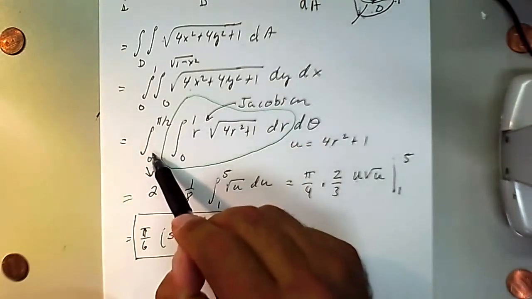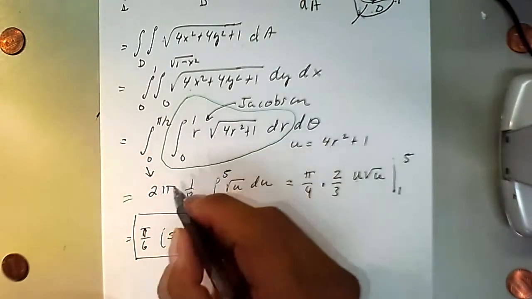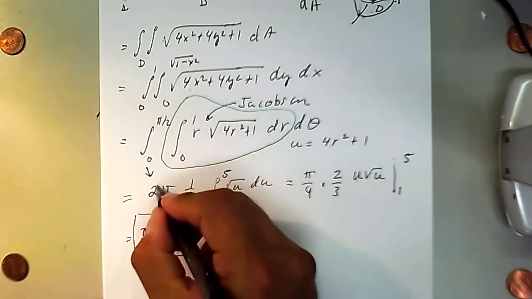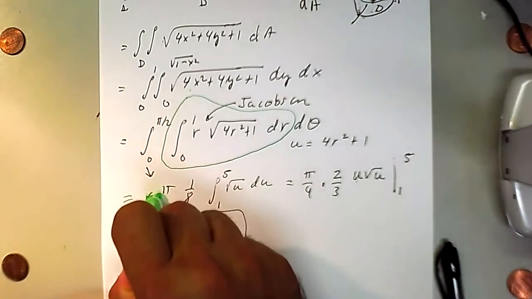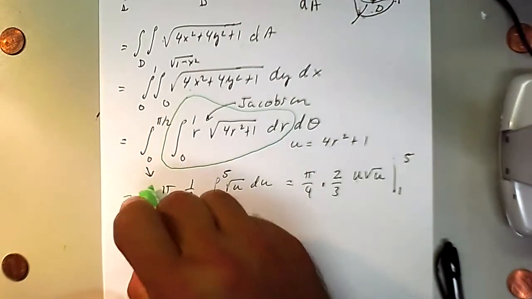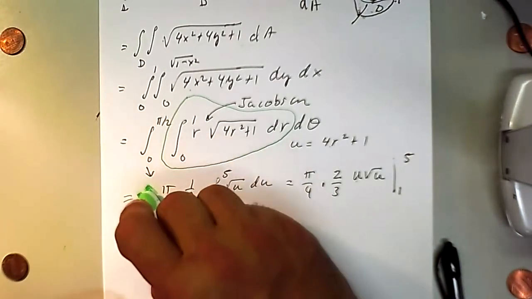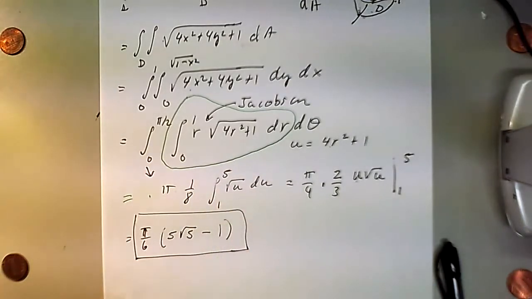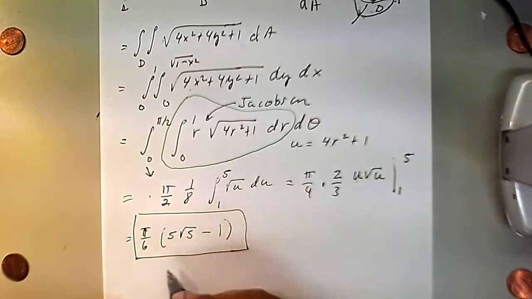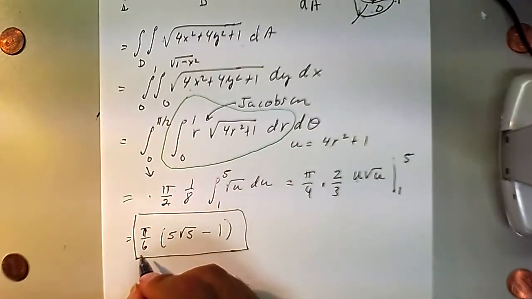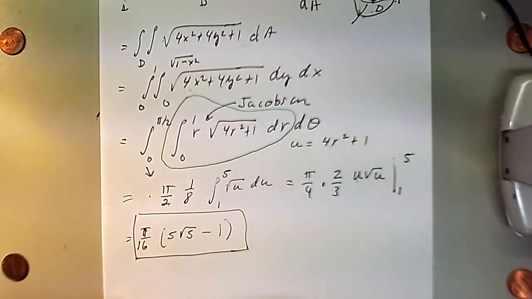But we are going only from 0 to pi over 2. So there's a mistake here. I'm going to erase this. I hate to make mistakes in the video. Pi over 2. So multiply those two, and we end up with pi over 16, rather.